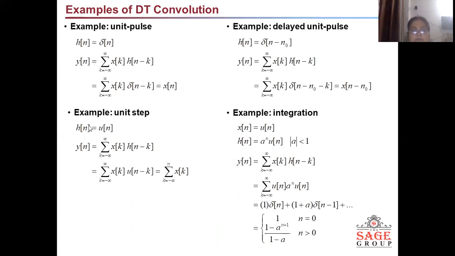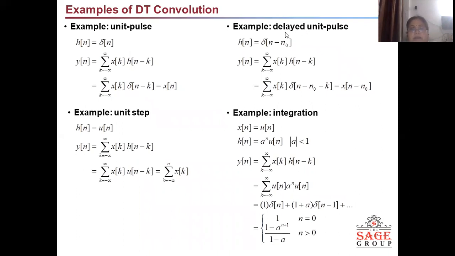Here we can obtain the unit step response of the discrete time LTI system. So y[n] is the summation from k minus infinity to plus infinity of x[k] h[n-k], where h is replaced by the unit step function, that is u.